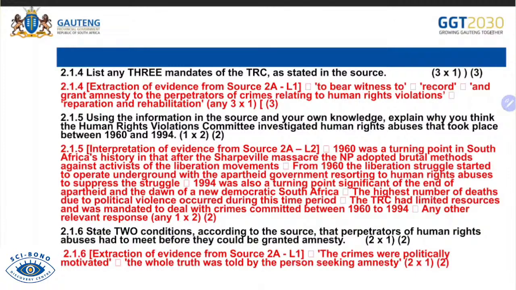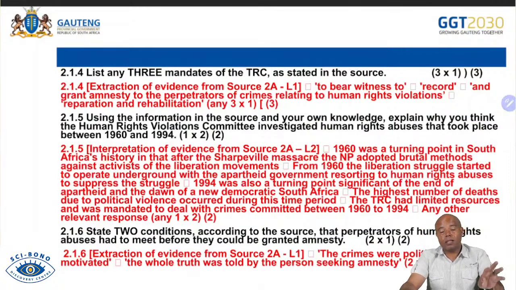Next answer, the highest number of deaths due to political violence occurred during this period. The TRC had limited resources and was mandated to deal with crimes committed between 1960 and 1994. So basically, all these answers are own knowledge, so none of them were retrieved from the source, besides the highest number of deaths due to political violence occurring during this period.